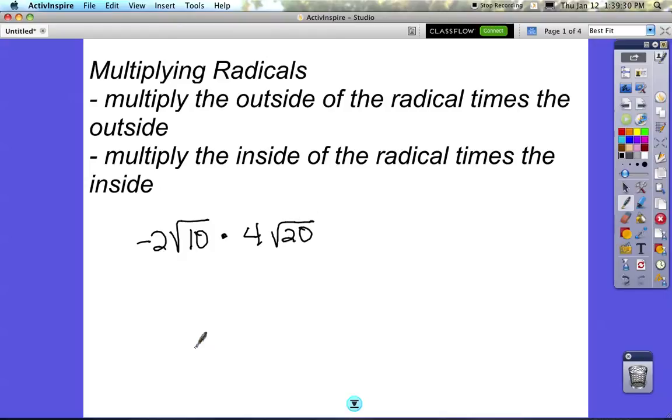You see that each one of these has a coefficient. So we're multiplying outside times outside. What's -2 times 4? Everybody look up here. Outside times outside. So that's -8. Square root of inside times inside.